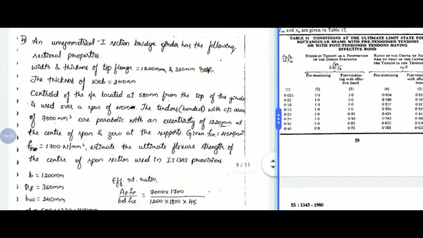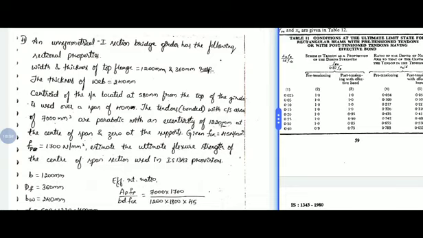Next problem. An unsymmetrical I section prestressed girder has the following sectional properties: width and thickness of flange 1200 mm and 360 mm respectively, thickness of web 240 mm, centroid of the section located at 580 mm from the top of the girder, used over a span of 40 meter.